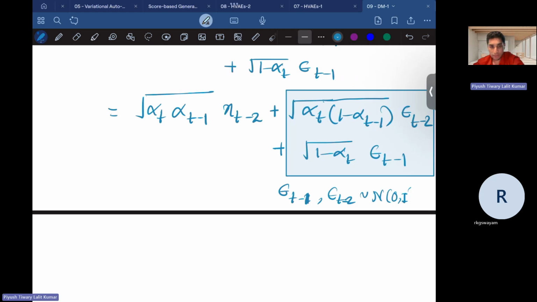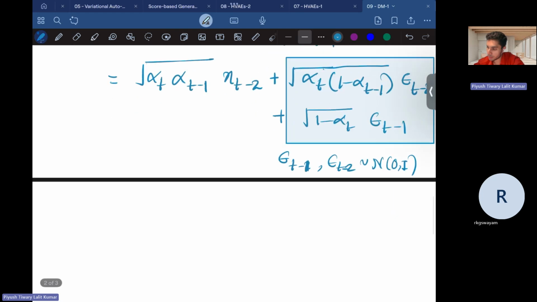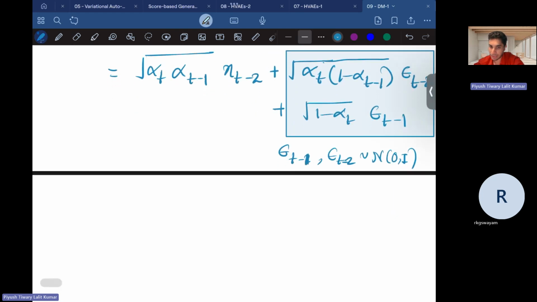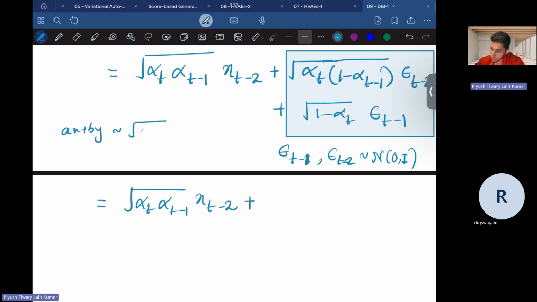And we have a linear combination of these two standard Gaussian random variables. So we can write them in terms of a single Gaussian random variable just by using properties of Gaussian random variables. So this can be written as square root of alpha t minus 1 x t minus 2 plus. If you have ax plus by, where x and y are both Gaussian, this is identically distributed as square root of a square plus b square times z, where z is again another Gaussian random variable.